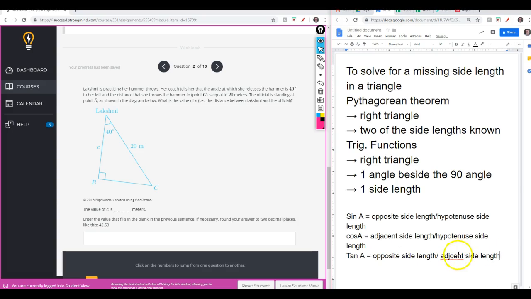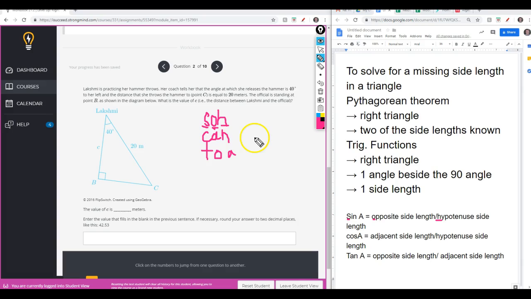Adjacent. So the mnemonic device I want to teach you is called SOHCAHTOA. Alright, this S stands for sine, this O stands for opposite, and that H stands for hypotenuse.